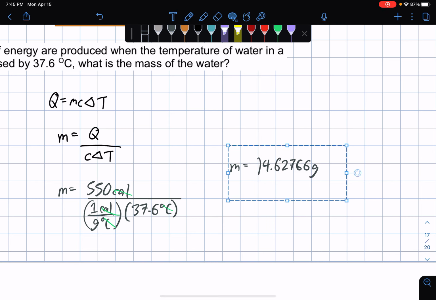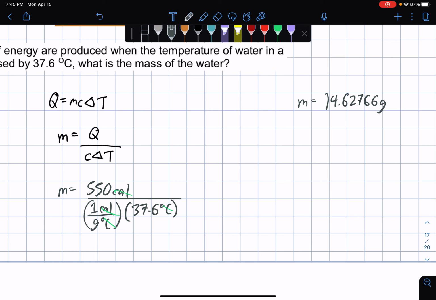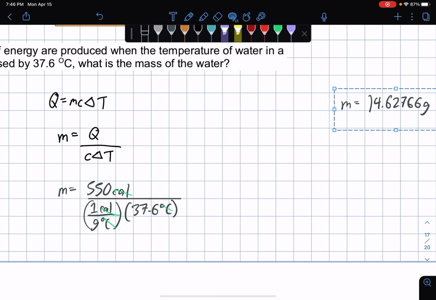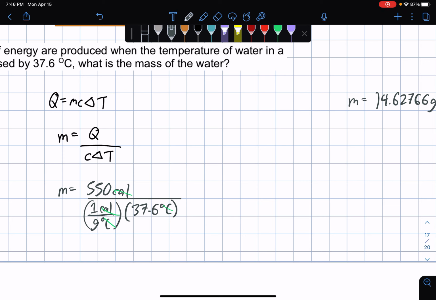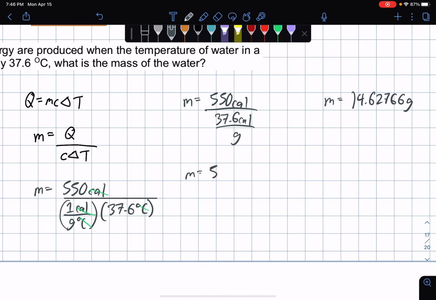But let's see how the unit grams is articulated so that it's properly understood. So 550 calories over 37.6 calories over grams. Then 550 calories over 1 times grams over 37.6 calories.